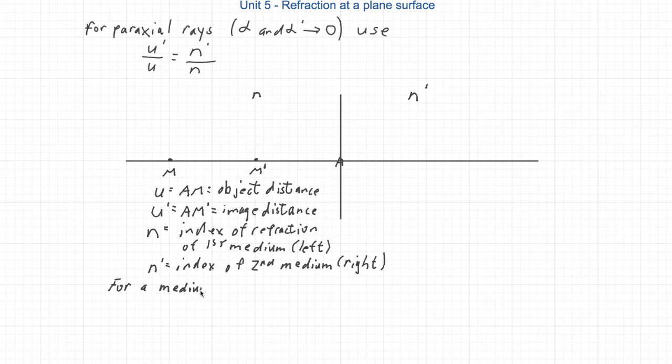Now, a medium that's surrounded by air is going to appear to be less deep or less thick than it really is. And there's a simplified formula we can use to calculate its apparent thickness. So it's got an actual thickness of d, it's got an index of n, surrounded by air.